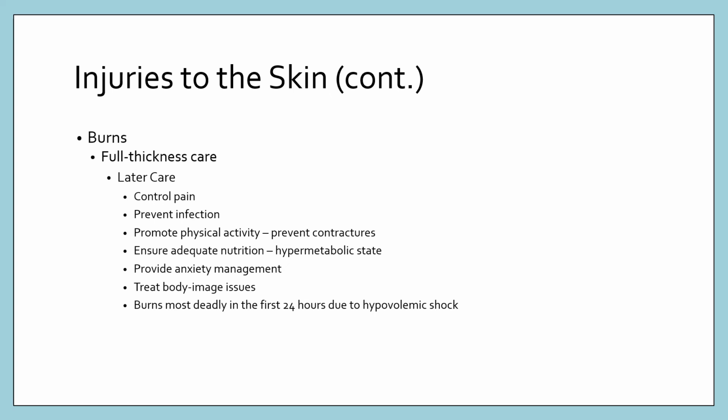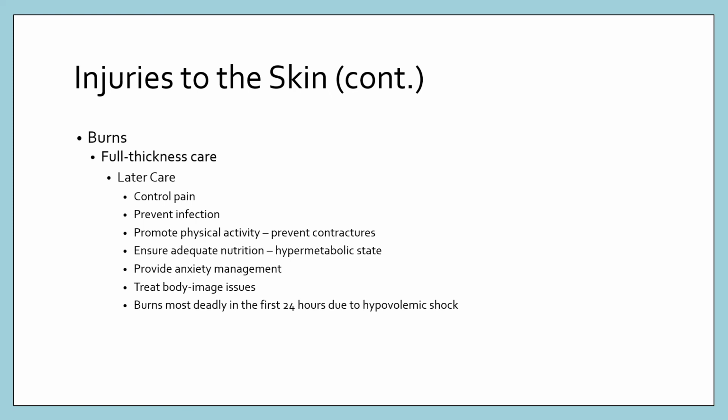Things that we're concerned about later are, of course, pain control and preventing infection. Contractures develop when, let's say your arm is burnt 100% in your arm. It's possible that you wouldn't move that arm a lot because first it would hurt, but secondly, as the skin's healing and getting scar tissue, it's not as flexible to move.